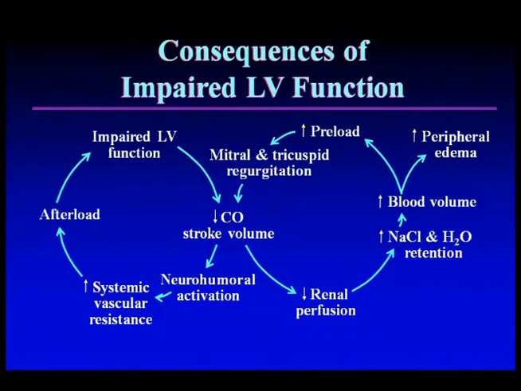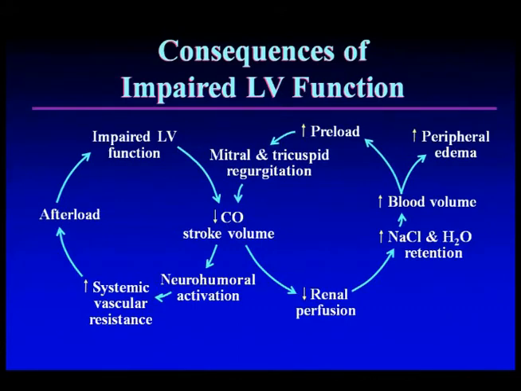From the ICU point of view, we see a lot of patients in Stage C heart failure, New York Heart Association Class 3, and we see people in Stage D or New York Heart Association Class 4 heart failure. So this is the heart failure natural history.